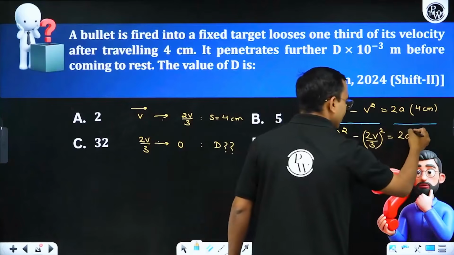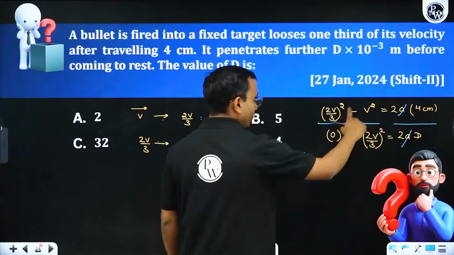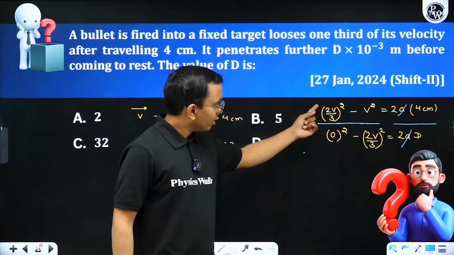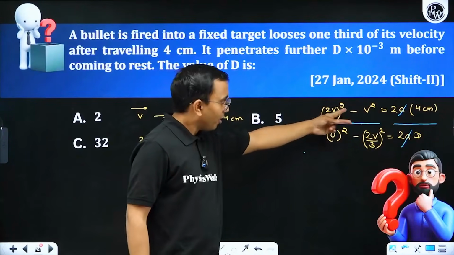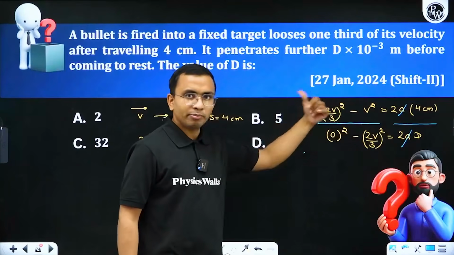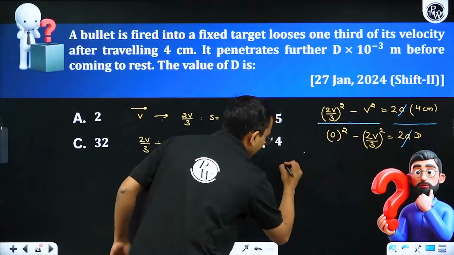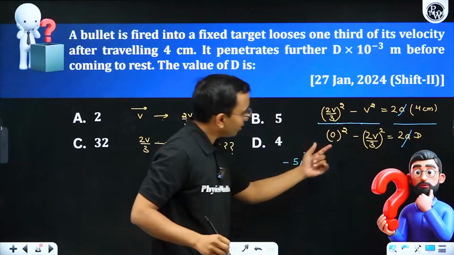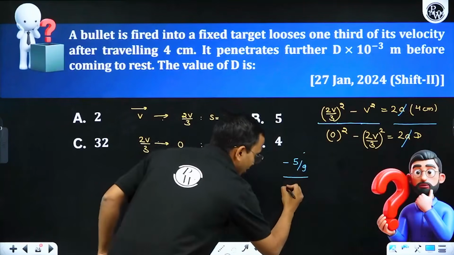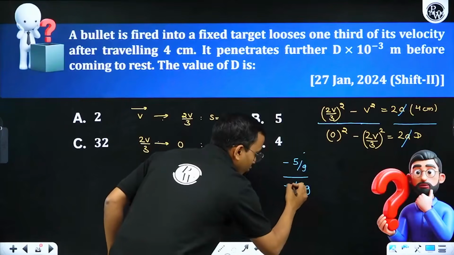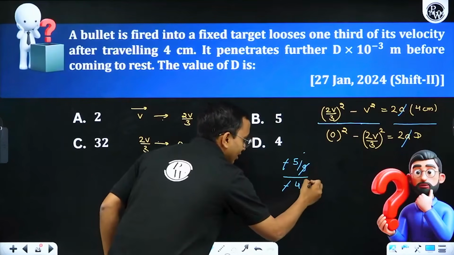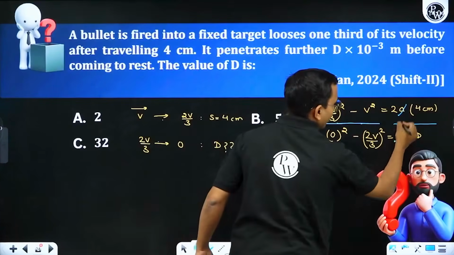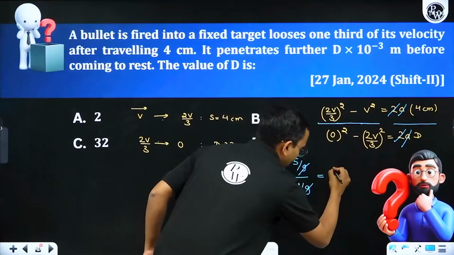When you divide, a will get cancelled, v square also will get cancelled, and it will become 4 by 9 minus 1. 2 by 3 square is 4 by 9. Yeah, 4 by 9 minus 1 is minus 5 by 9, divided by 1 minus 4 by 9... wait, minus 4 by 9. So the minus sign is getting cancelled, 9 is getting cancelled, and this is equal to what? This 2 will also get cancelled. So this is 4 centimeter by d.